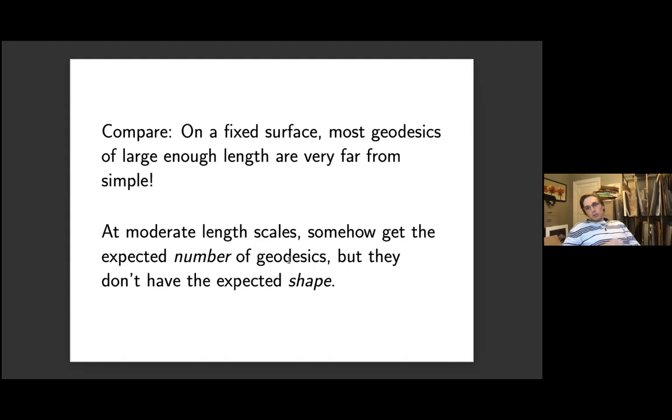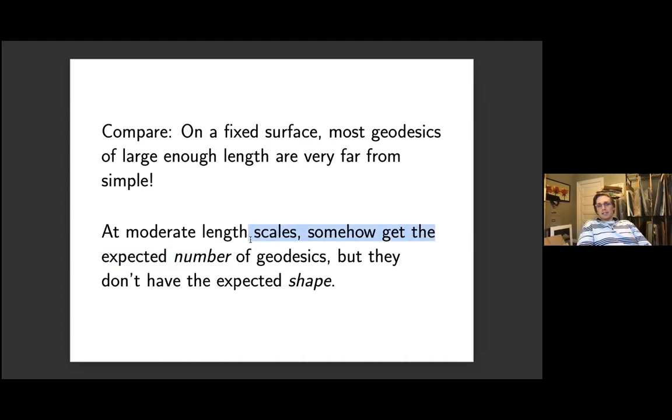So being simple is really not typical. And so this is really a very bizarre miracle at this intermediate length scale. It's growing with genus, but not too fast. It seems like at these moderate length scales growing with genus, you get the expected number of geodesics, but they don't have the expected shape because they're simple.